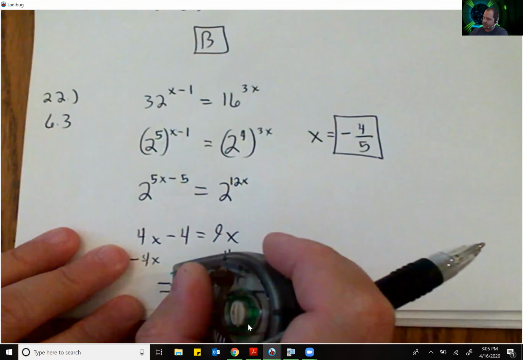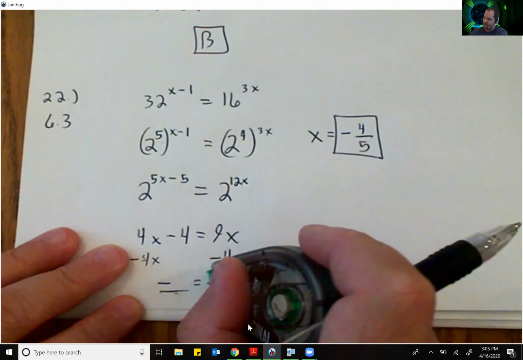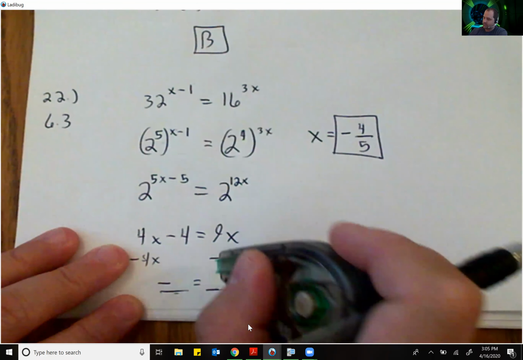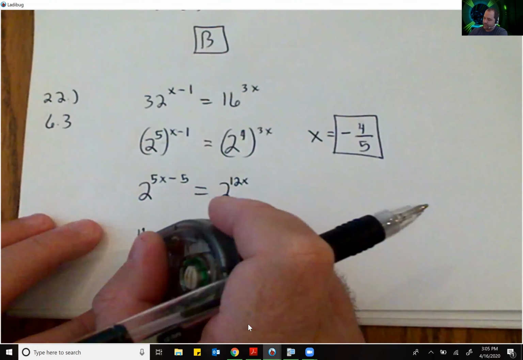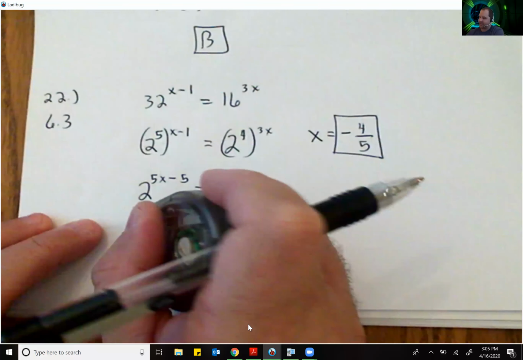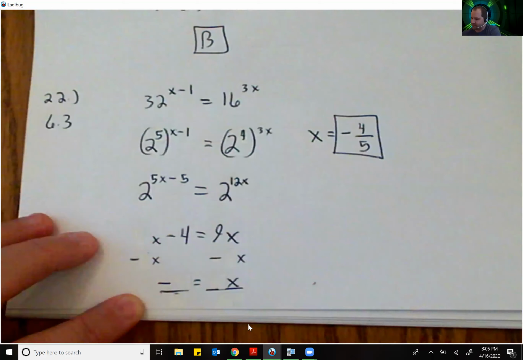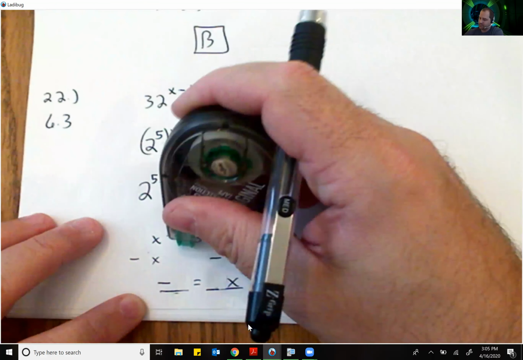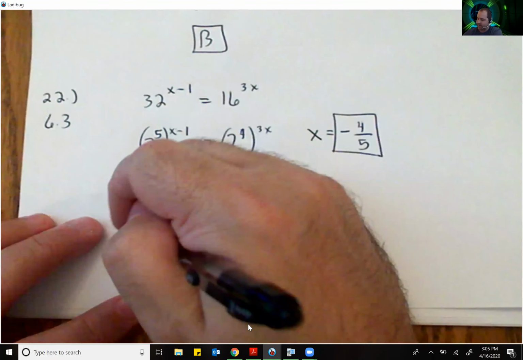Sorry about that, but it's an easy fix, honest mistake. Operations and all that are still going to stay the same. Just had to change my numbers. My bad. So this is 5x minus 5.